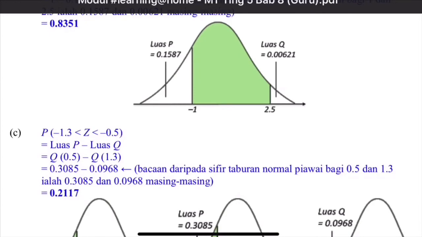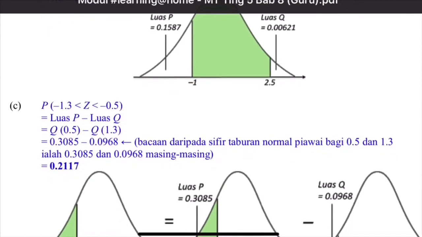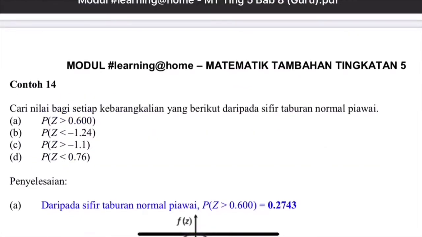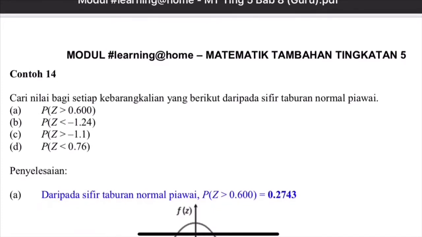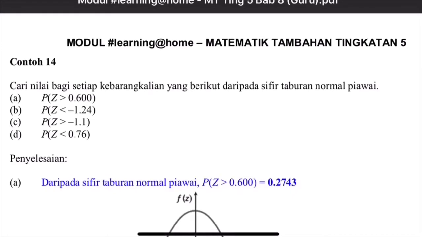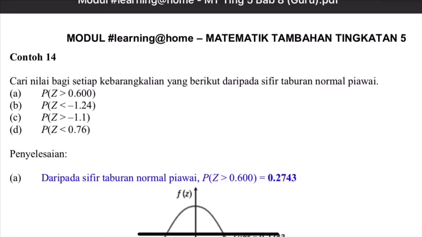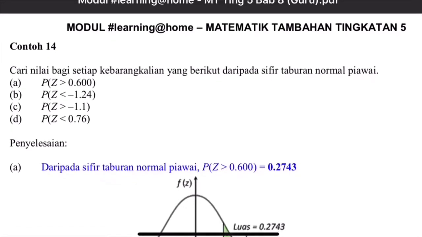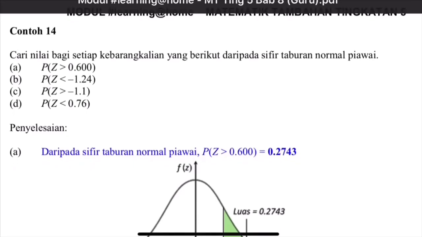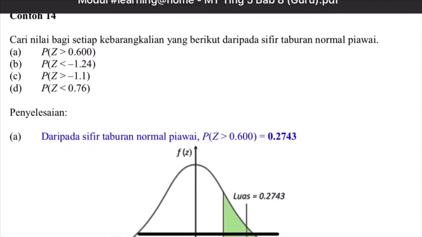Okay, so if let's say you have both negative, from negative 1.3 to negative 0.5, you sketch first, and continue with finding the probability for z more than 0.6, probability for z less than negative 1.24, probability for z more than negative 1.1, and probability for z less than 0.76. So for this one is quite simple. If more than, you will shade to the right, less than, you will shade to the left.